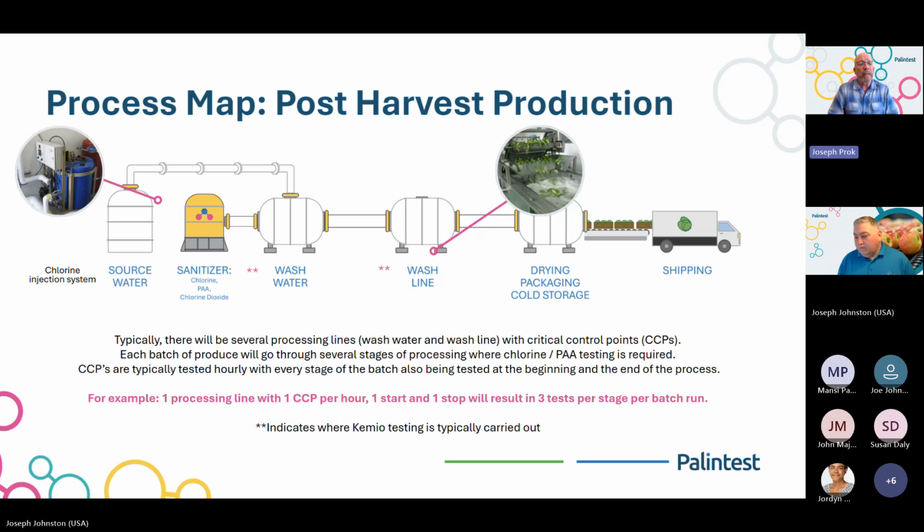And so with that, typically we have these coming into the front of the line, might be coming into a dump tank, where it gets a first rinse or a pre-wash, so to speak.